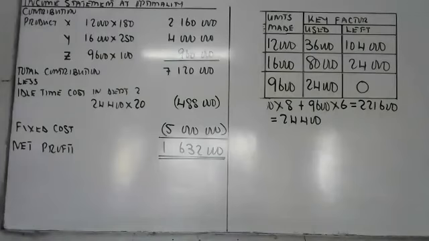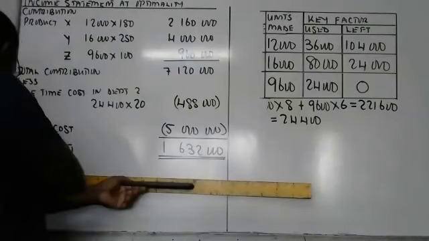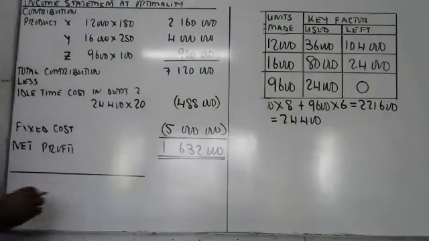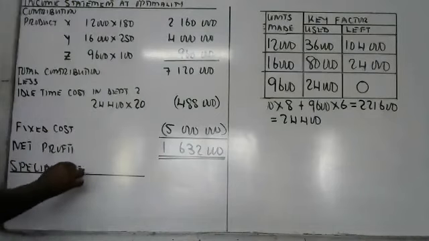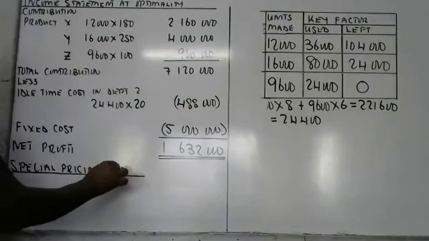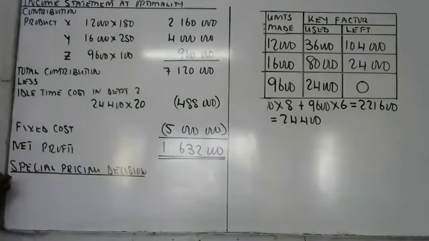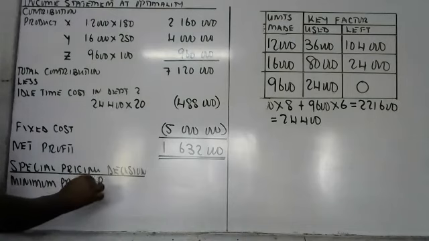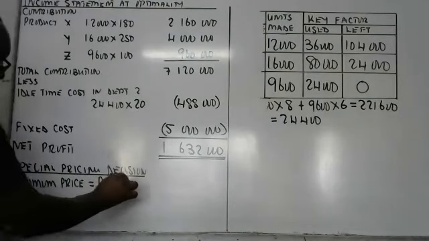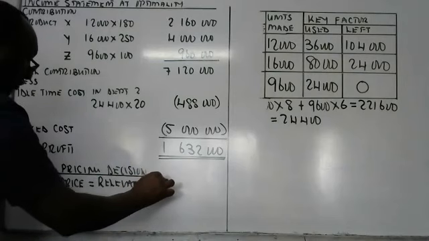And finally, the minimum charge that should be put per direct labor if the company desires subcontract. So that one is on a special pricing decision, which is what we shall do in the next lesson. In special pricing decision, we normally say that the minimum price should be equal to the relevant cost.